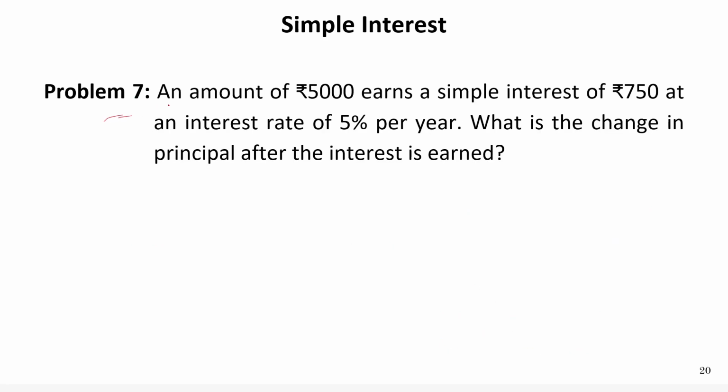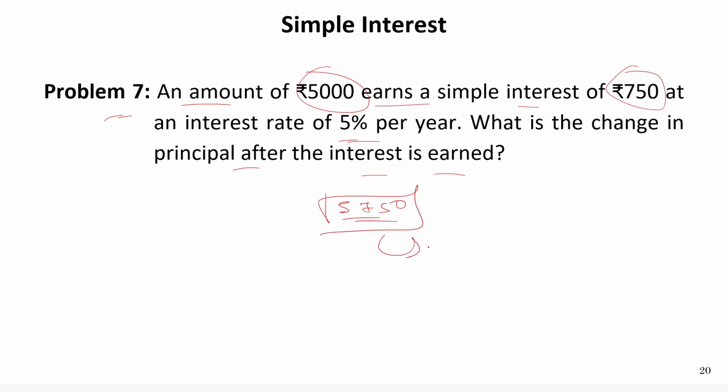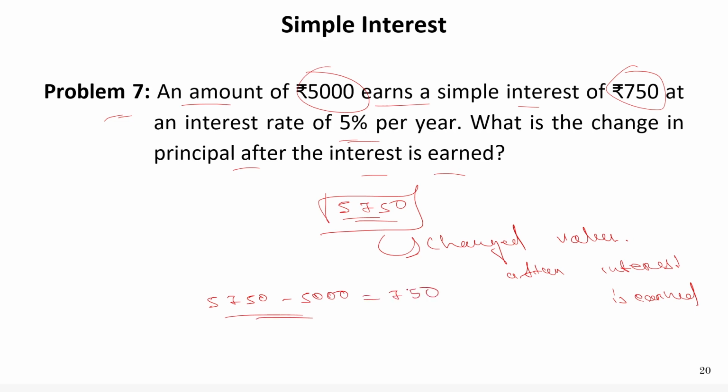So let's see problem number 7. An amount of 5,000 earns a simple interest of 750 at an interest rate of 5% per year. So what is the change in principal after the interest is earned? So 5,750 will be the changed value after interest is earned. 5750 minus 5,000 is equal to 750, at an interest rate of 5% per year.